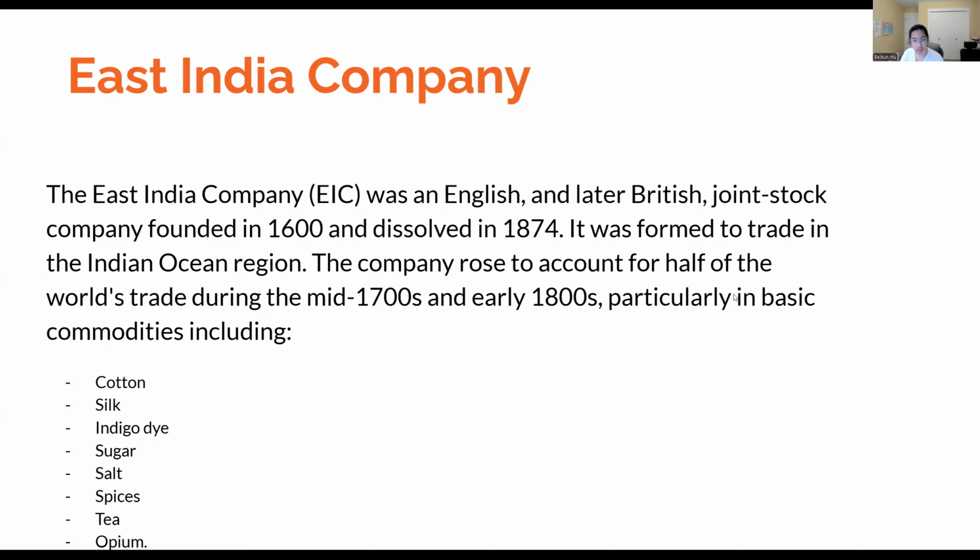Anyway, the East India Company was an English and later British joint stock company founded in 1600 and dissolved in 1874. So basically, remember the Indian Ocean trade? Yeah, that's basically what it was used for. It was formed to trade in the Indian Ocean region, initially with the East Indies and later with East Asia. The company gained control of a lot of the India subcontinent and colonized parts of Southeast Asia and Hong Kong.